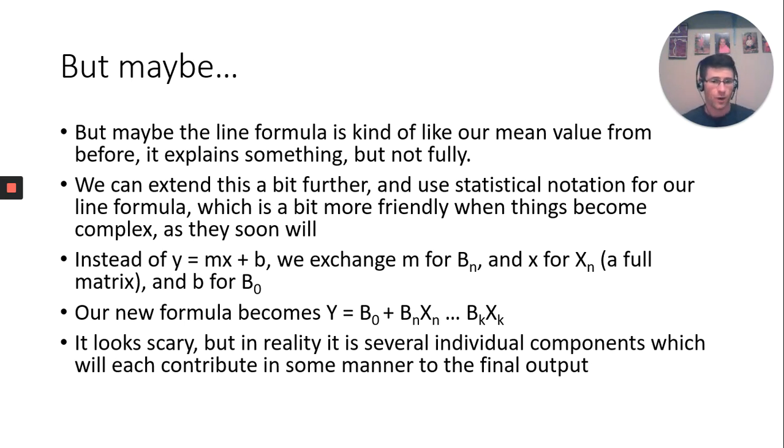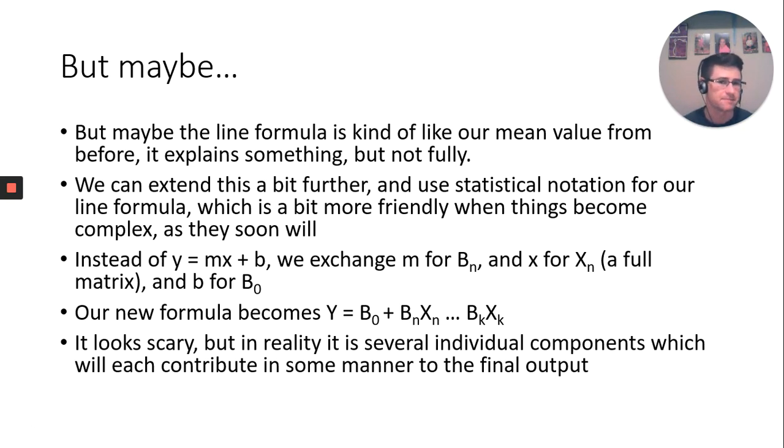That is y equals beta naught plus beta 1 x1 plus beta 2 x2 plus beta 3 x3, and it goes on and on. The most simplistic version of that would be y equals beta naught plus beta 1 x1. You'd stop at this point right here, and that would equate to y equals mx plus b.